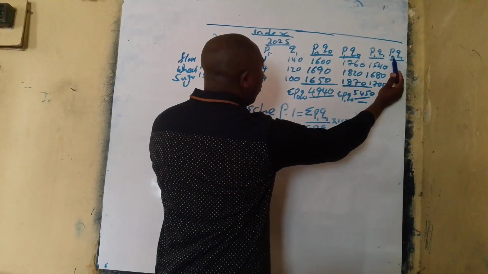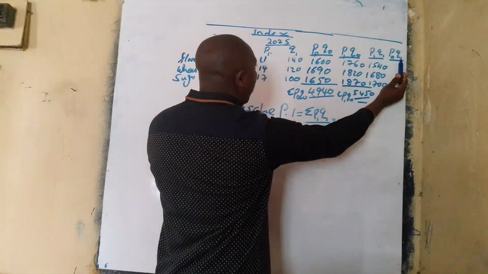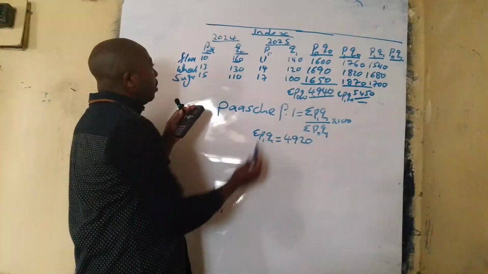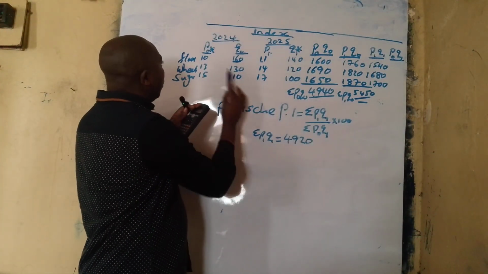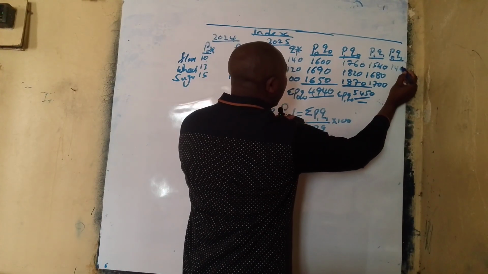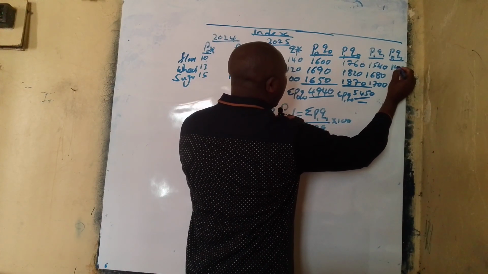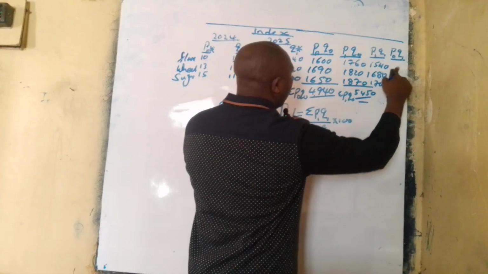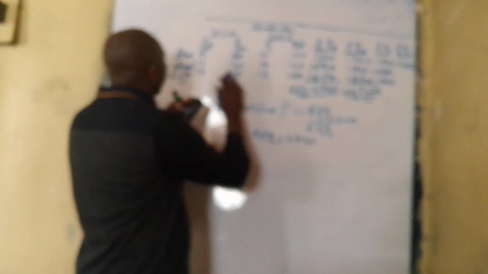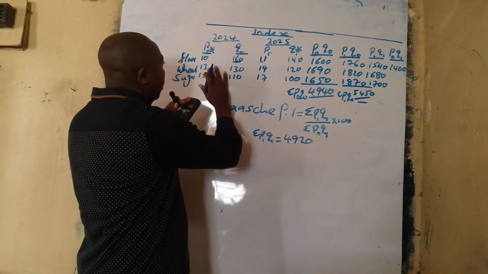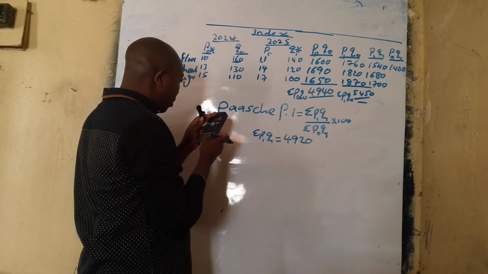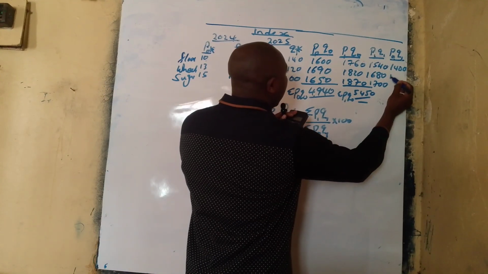Come here, P0Q1. So 10 by 140, 1400. 13 by 120, 1560.